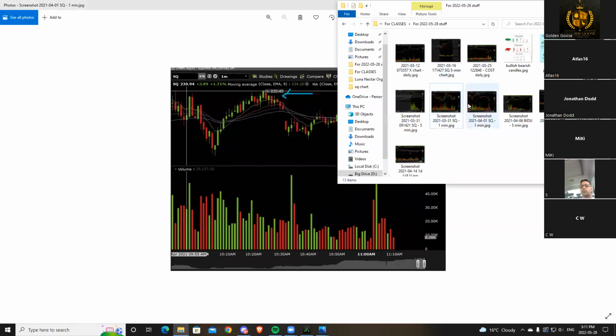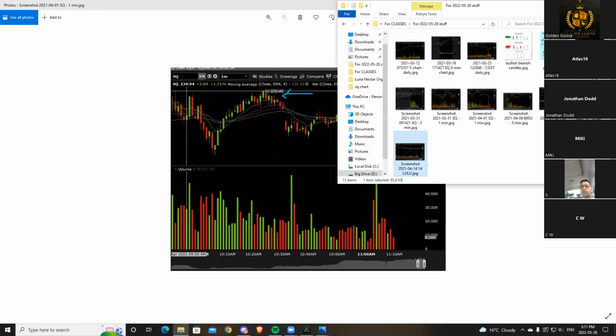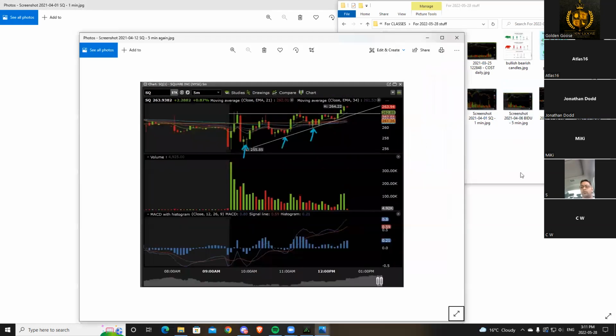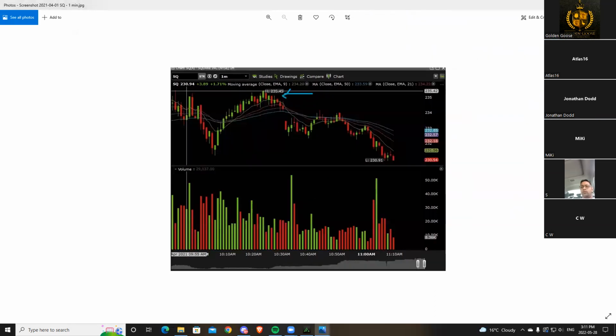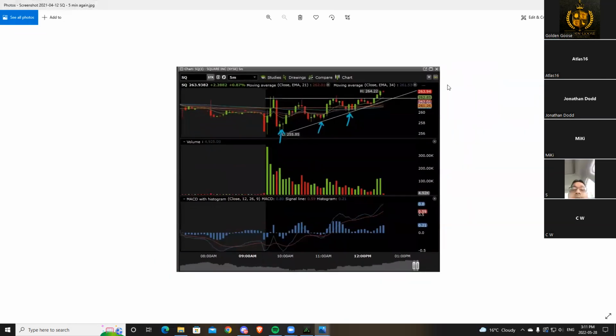Just gonna pull one up right here. All right. So obviously, same strategy. As you can see here, we make a kind of double bottom, but in reality, I see this as super far from the 8 EMA as well.